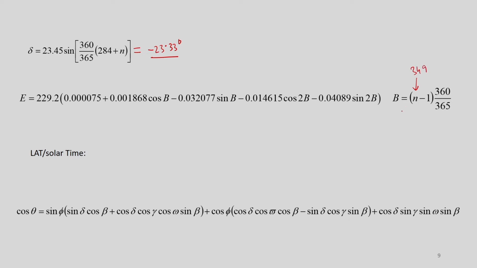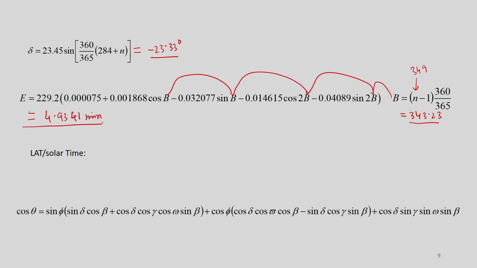If we substitute here, then we will get a value of B, which is equal to 343.23, and if we substitute this B value here and here, we get the E value, and as per my calculation, it is showing 4.9341 minutes. So, students can verify this result.